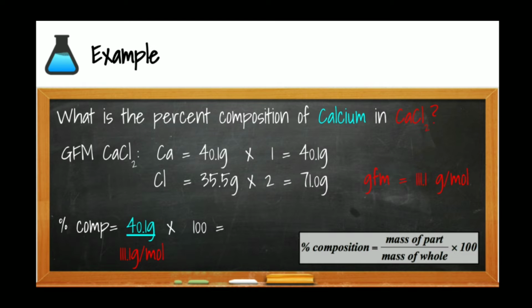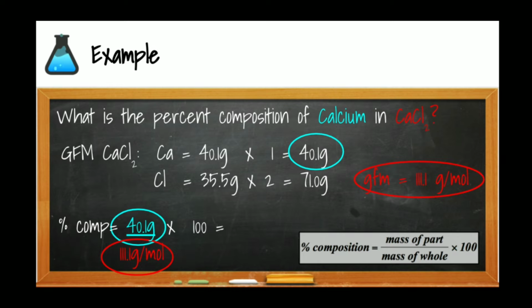So what we're going to do is take the mass of the part, which is 40.1 grams, and put that as the numerator of our fraction. And we'll take the mass of the whole, which is 111.1, and make that the denominator.